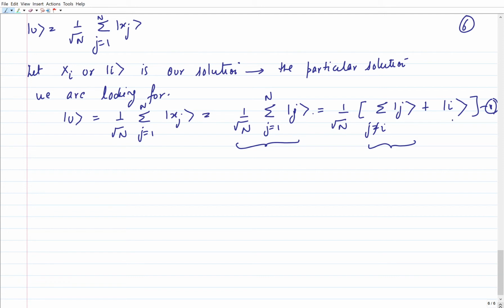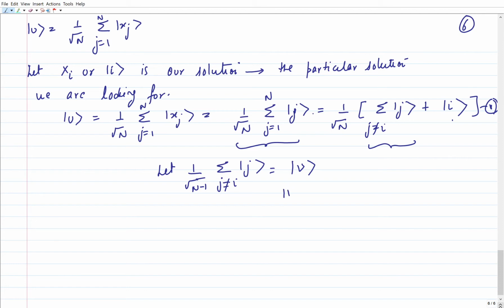And just juggling the algebra, let me define all the things which were not the solution as a vector v. So what is v?